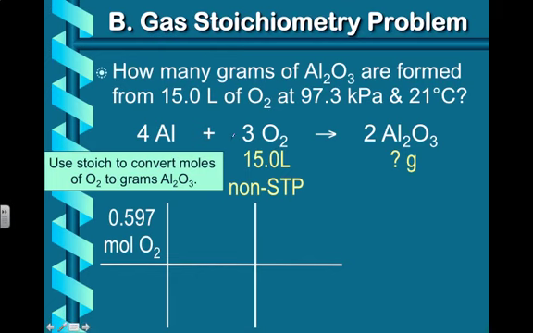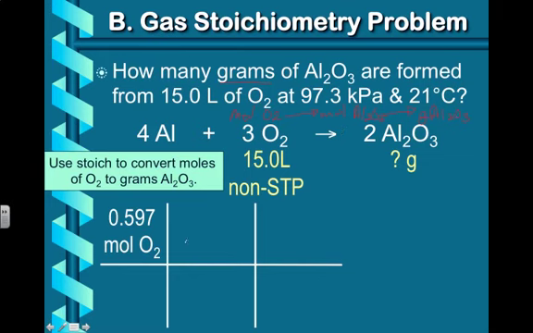I'm already in moles of O2, so I don't need to convert that to moles. Now I just need to go to moles of the stuff I want, which is aluminum oxide. Then I can go to grams, because that's what it's asking for. So moles of O2 to moles of aluminum oxide to grams of aluminum oxide.